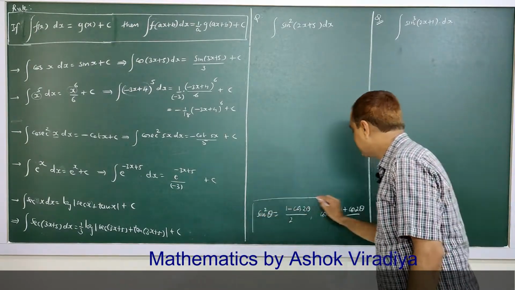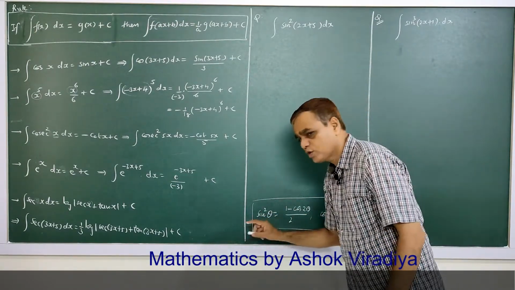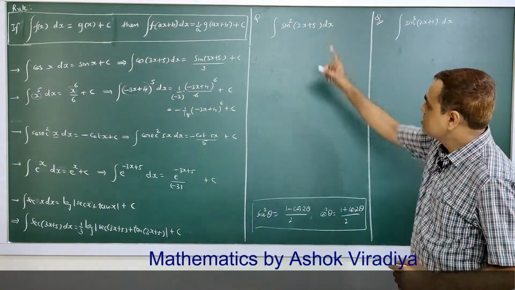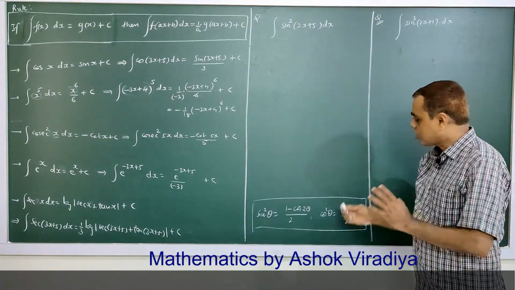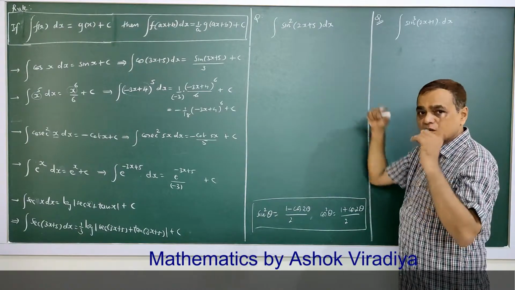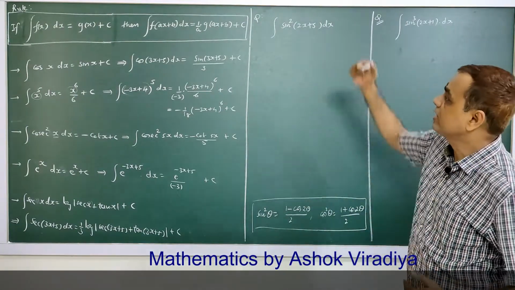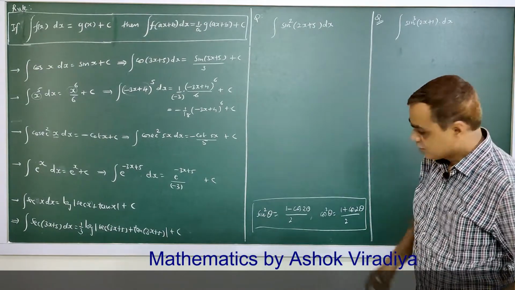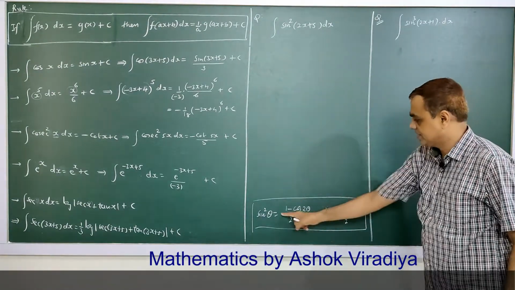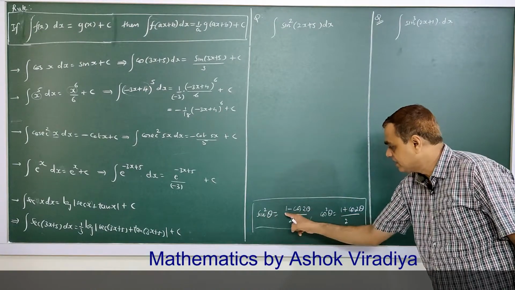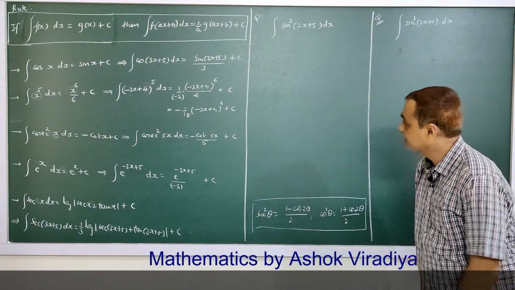So many times these results will be used. Whenever you have sin square theta or cos square theta, we will always use this formula to convert it into integrable form.